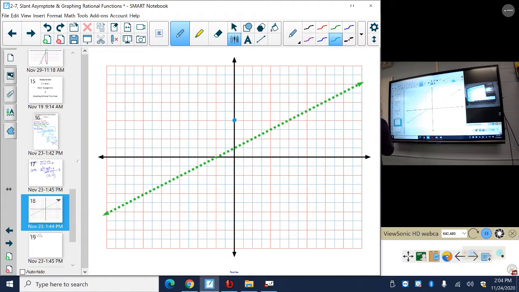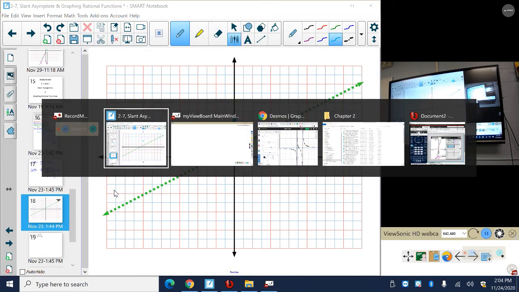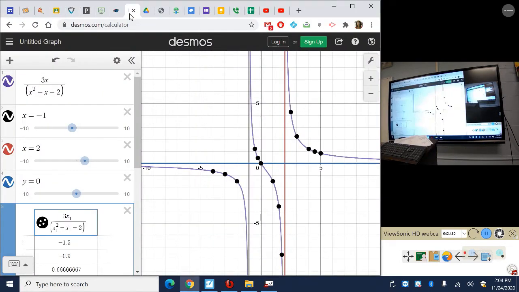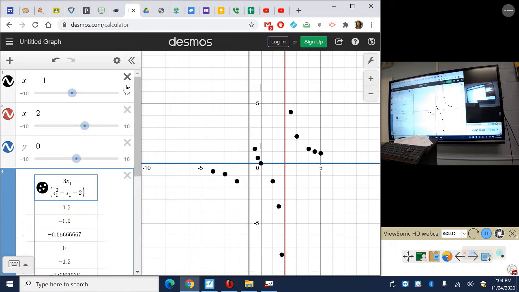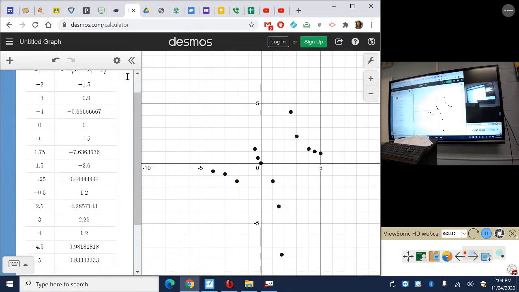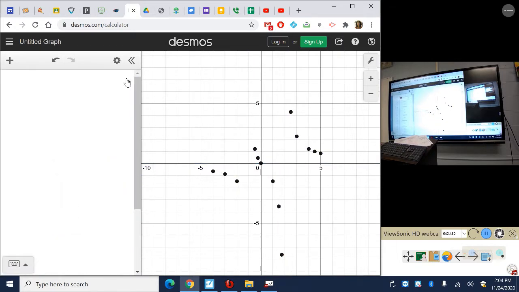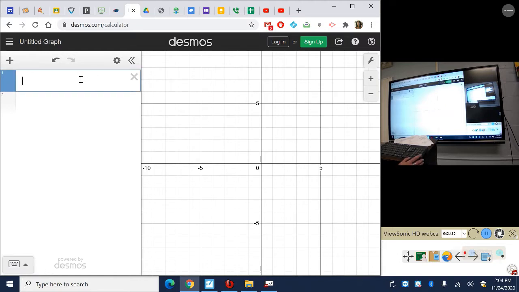So I'm going to come over to Desmos right now, and I'm going to graph this. So here's my Desmos, and I'm going to delete all of these because none of those are relevant anymore. And I am going to graph this.